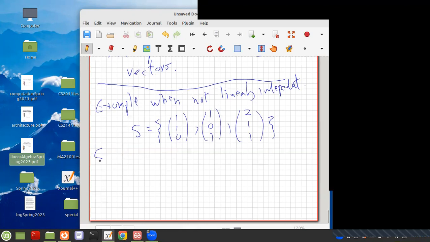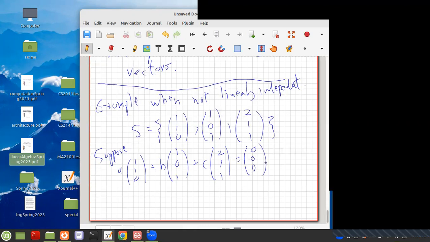We suppose that A(1,1,0) plus B(1,0,1) plus C(2,1,1) equals (0,0,0). Okay?